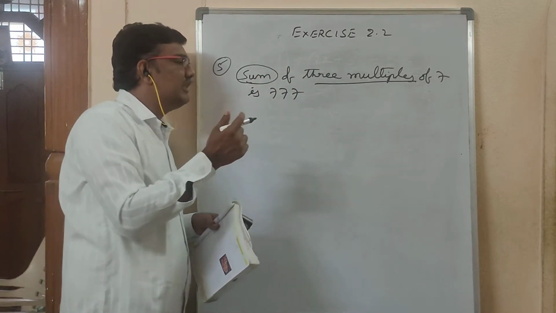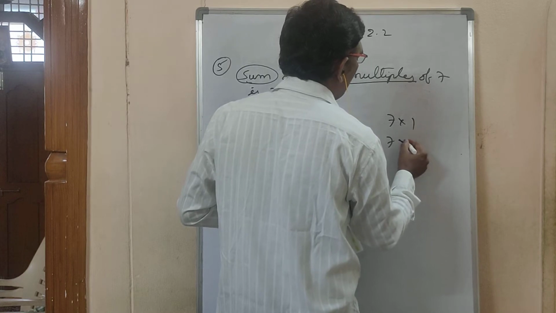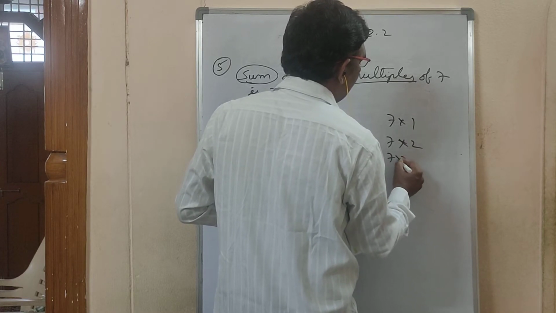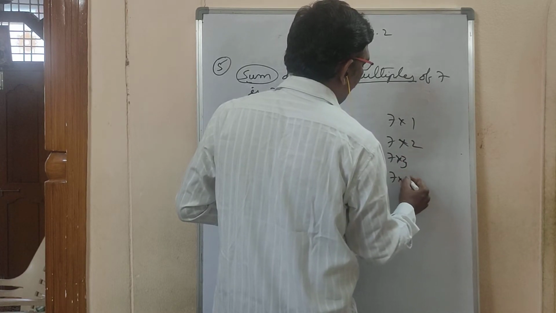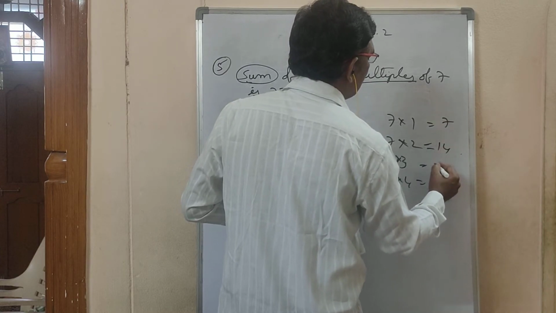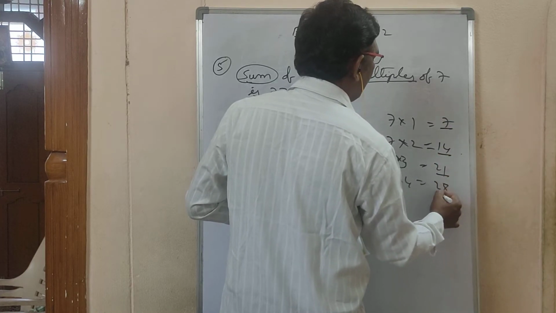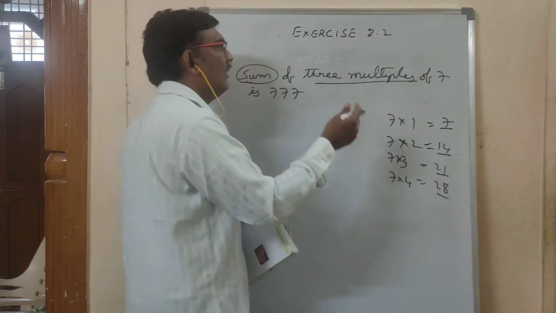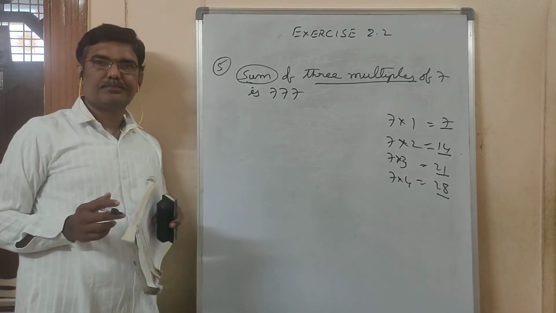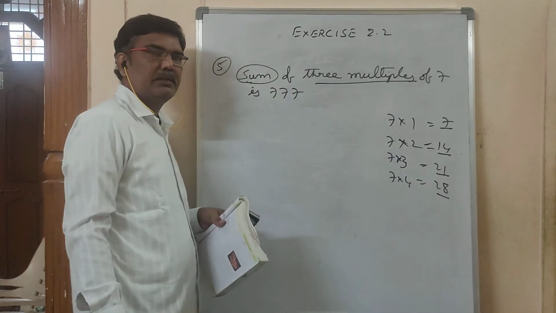So, multiple means, if you read the 7 table, 7 ones are 7, 7 twos are 14, 7 threes are 21, 7 fours are 28. What are 7, 14, 21, 28? They are called multiples of 7. How many you can write? Infinite you can write.